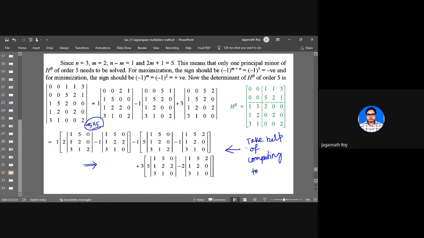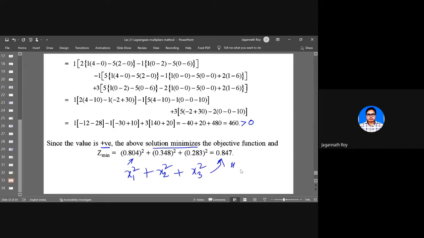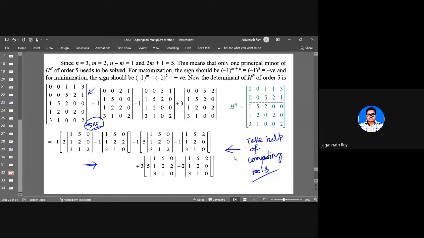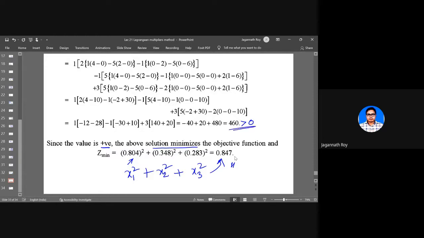But finding this matrix is important, that this is the way we find the bordered Hessian matrix. So the determinant, if you substitute these values in some computing tool, it will directly give you the final value. Whether it is positive or negative, depending on that, you can decide. If this value was negative, then we can call it a maximization problem.